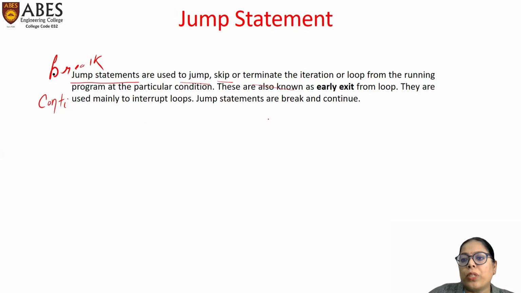These are also known as early exit from the loop. So these statements are also known as early exit loop statements, and they are mainly used to interrupt the loops.